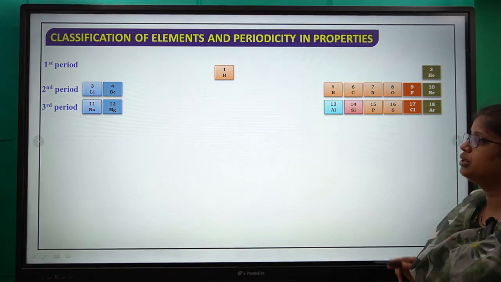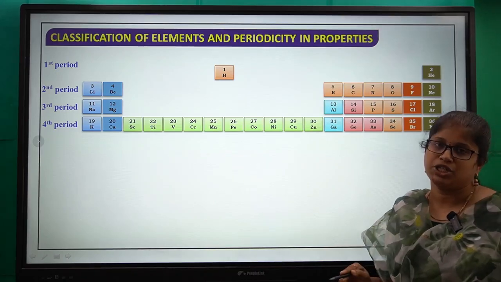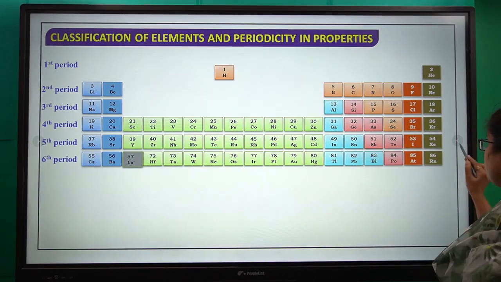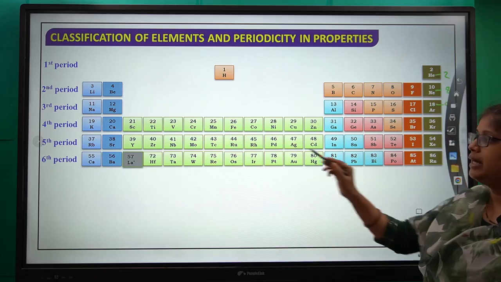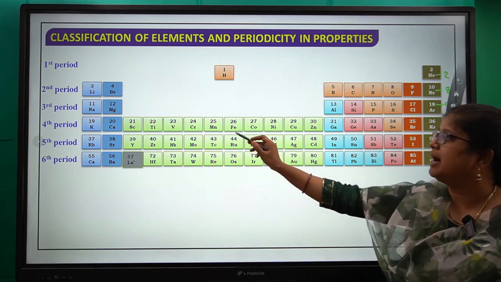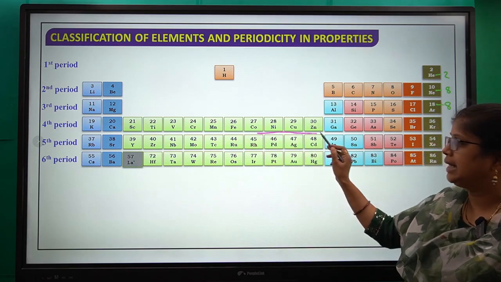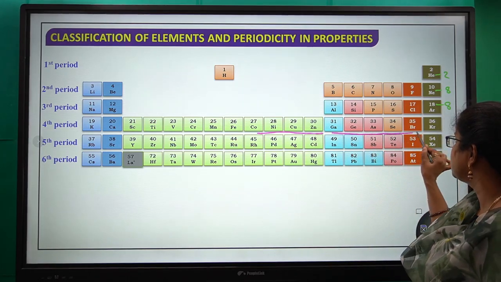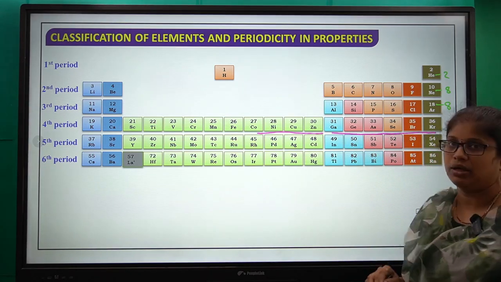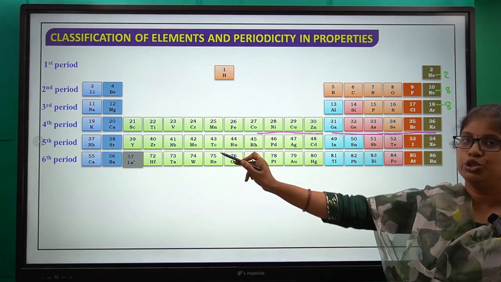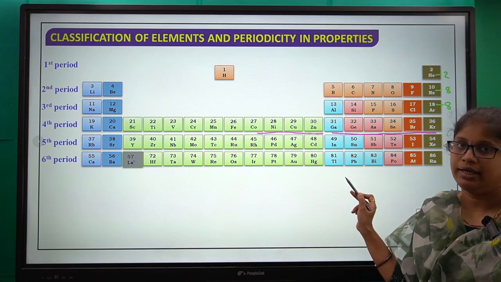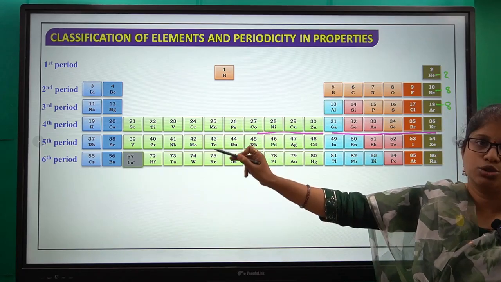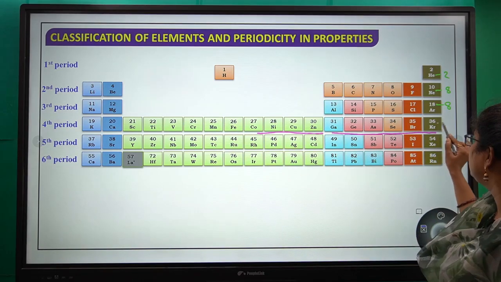Now fourth, from potassium: potassium, calcium, scandium, titanium, vanadium, chromium, manganese, iron, cobalt, nickel, copper, zinc, gallium, germanium, arsenic, selenium, bromine, krypton. So totally 2 plus 6, 8. And in between how many are there? 10. So 10 plus 2, 12 plus 6. How many totally? 18.